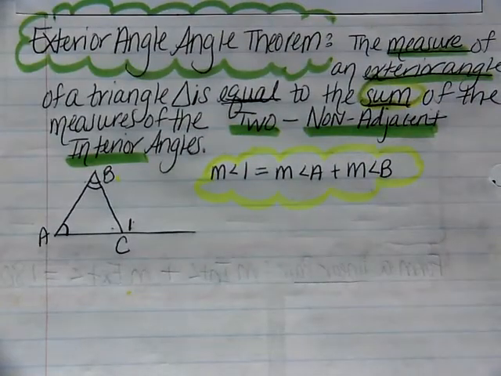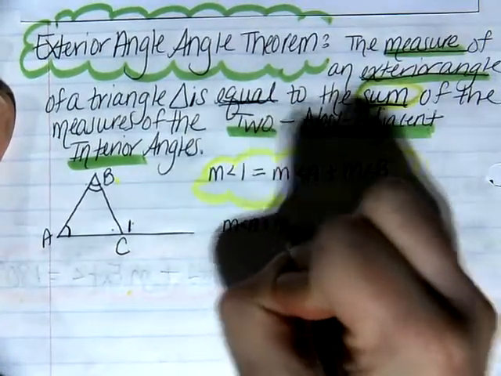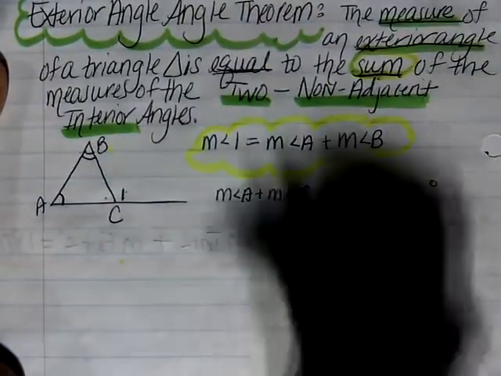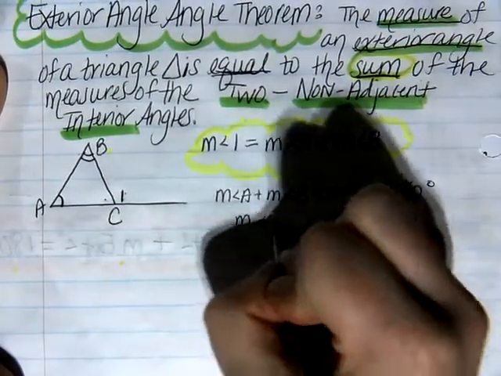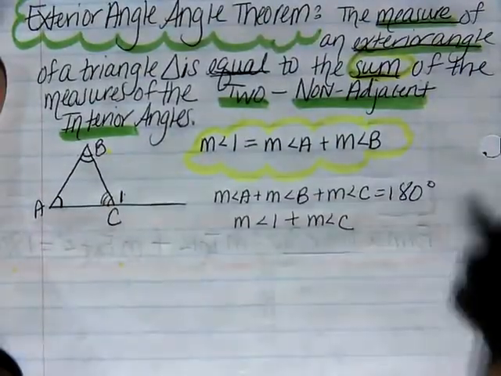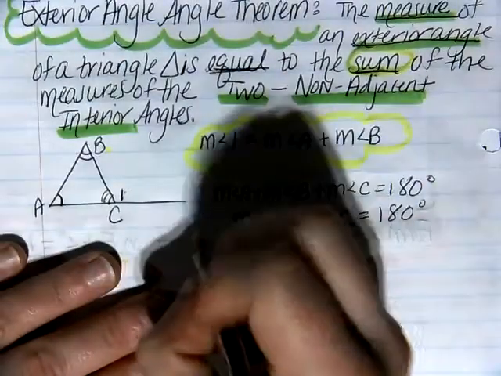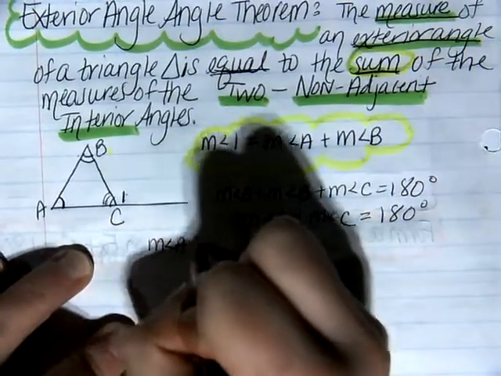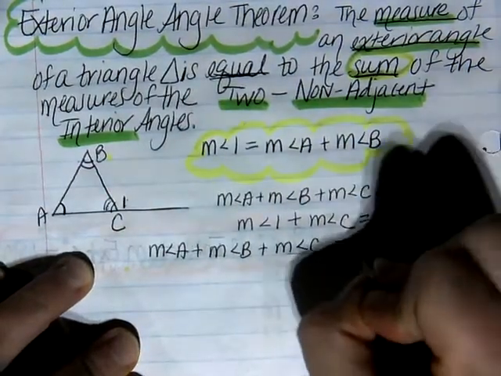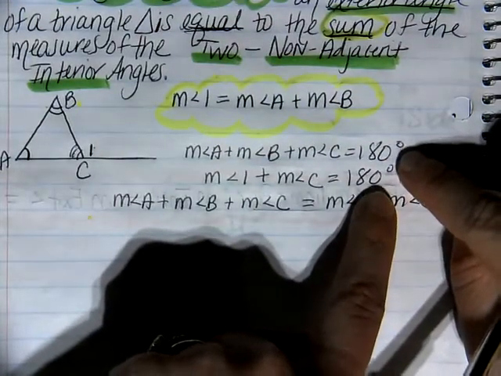That is the exterior angle theorem. I want you to think about this. If we know that the measure of angle A plus the measure of angle B plus the measure of angle C is equal to 180, and we know that the measure of angle 1 plus the measure of angle C, which, what I mean by angle C is this angle right here, is equal to 180 degrees, what we can do is set these two equal to each other and say that the measure of angle A plus the measure of angle B plus the measure of angle C is equal to the measure of angle 1 plus the measure of angle C. We know that because they're both equal to 180 degrees.